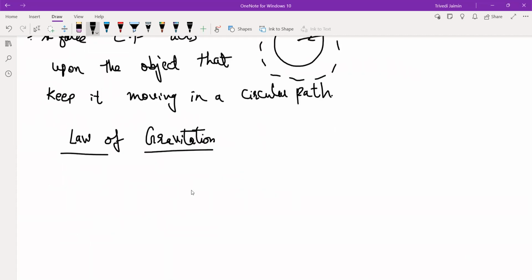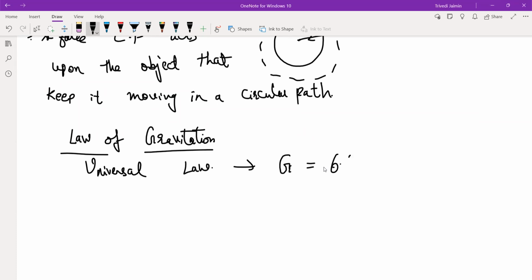That is the universal law of gravitation. We have given an alphabet for this one, capital G. What's the value of this one? You know this G value? Sir, 6.7 into 10 to the power minus 11 Newton meter square per kilogram square.